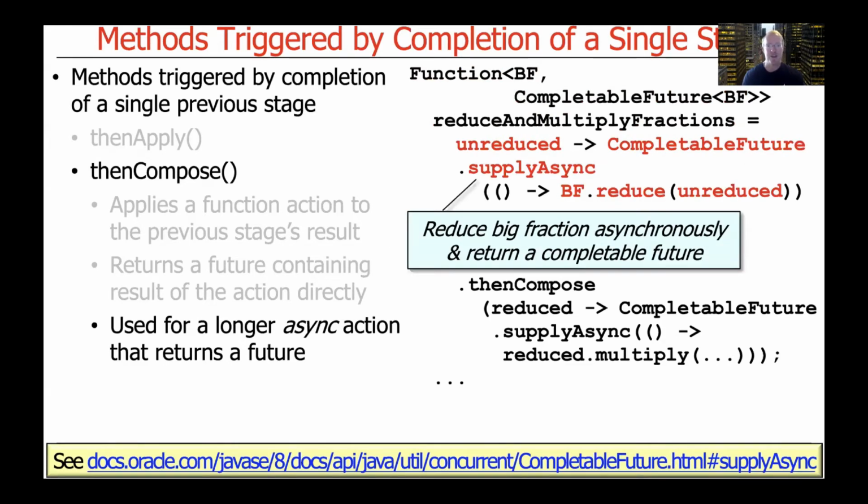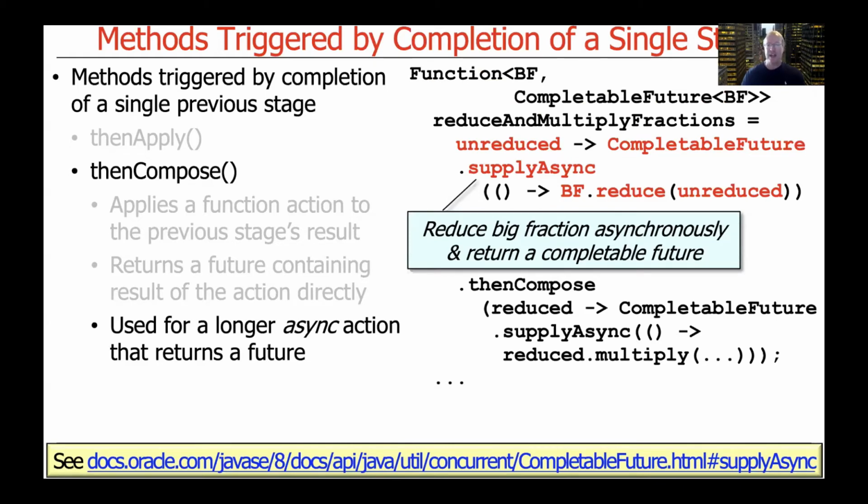It's a lambda function. It calls CompletableFuture.supplyAsync and goes ahead and reduces the BigFraction. So it's going to go ahead and reduce the unreduced BigFraction. And so what it's trying to do there, of course, is return a CompletableFuture to the results of the reduction. Okay, so far so good.